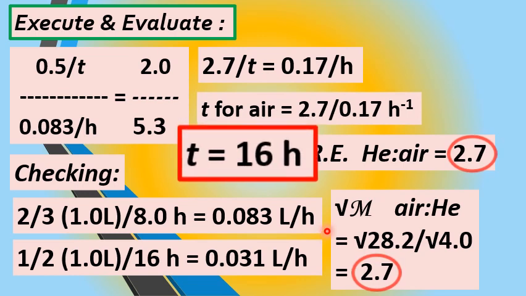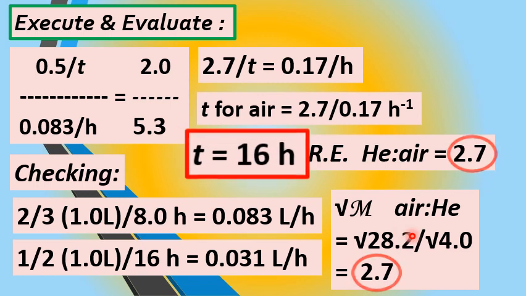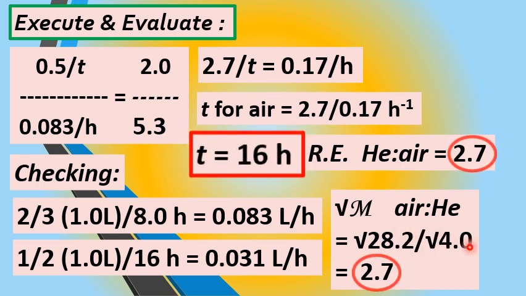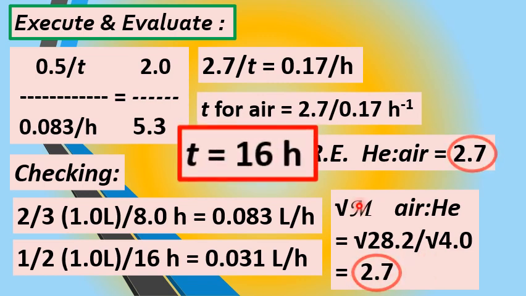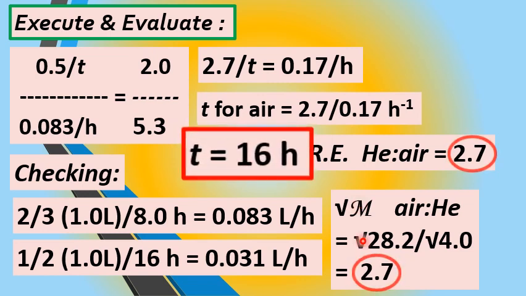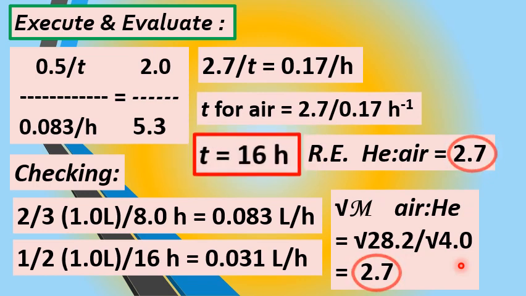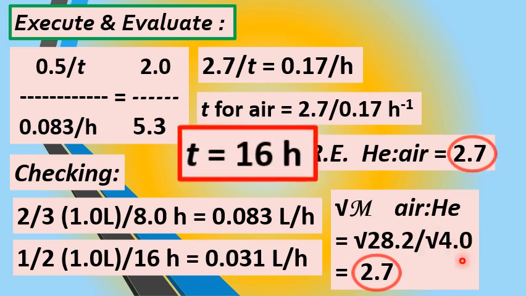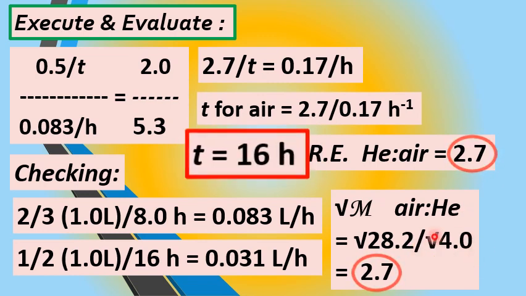That is square root of 28.2 grams per mole divided by the square root of 4.0 grams per mole. So doing our math, we will get actually the same value for the ratio, equal to 2.7. So our computation for the two ratios agrees with our Graham's law of effusion.